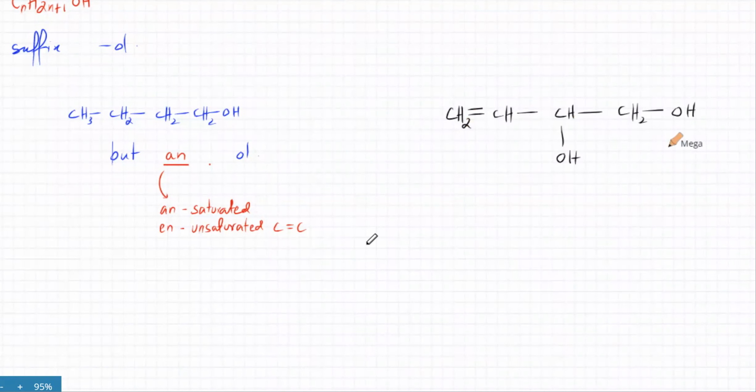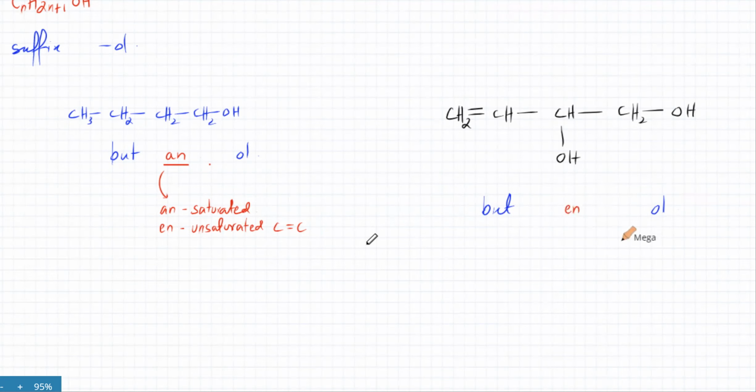So first thing, what's the prefix? How many carbon atoms? 4. So it's going to be but, right? And it's an alcohol, obviously, because there's an OH group, so there's going to be ol, right? In the middle part, is it going to be AN or EN? EN. Okay, so it's going to be EN because there's a double bond now.